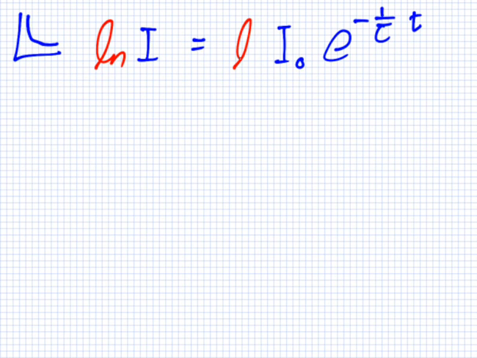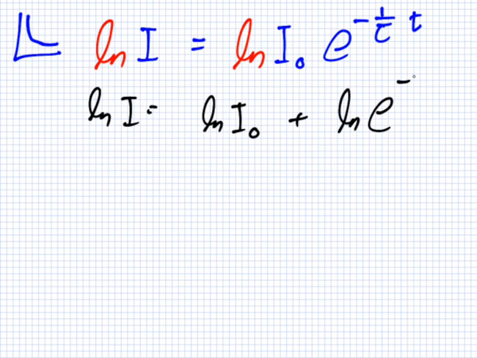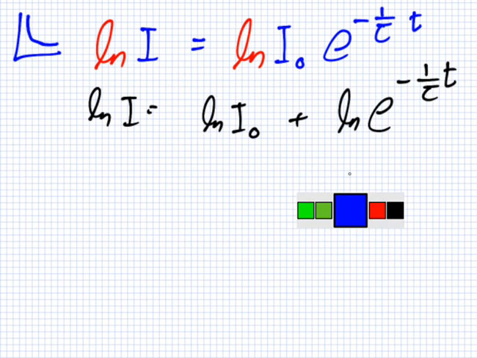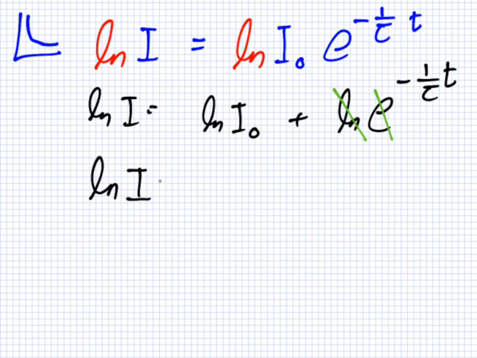Now look what's happened. When I use time and log current, I don't get a curve anymore. What do I get? A straight line. This is much easier to use than a curve, and it's easier to draw.